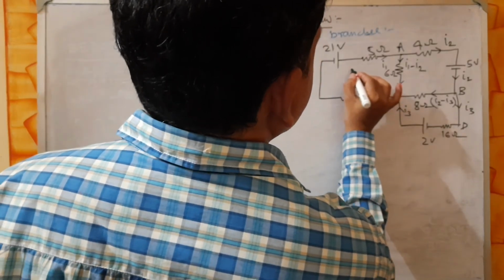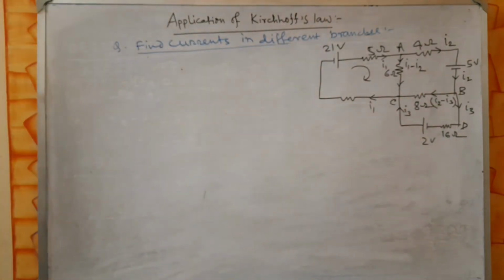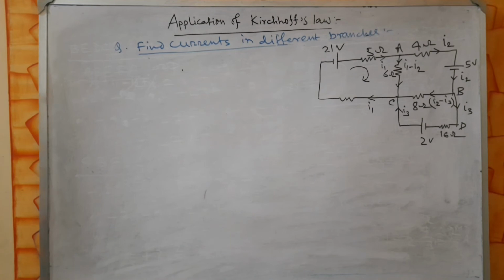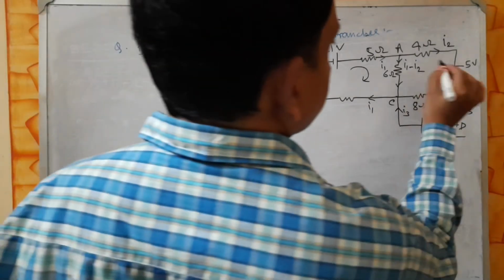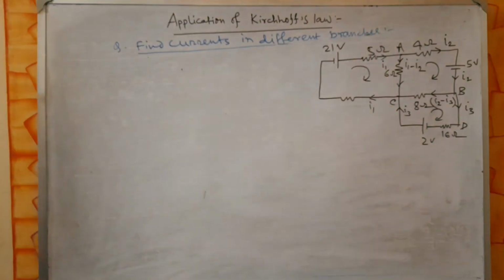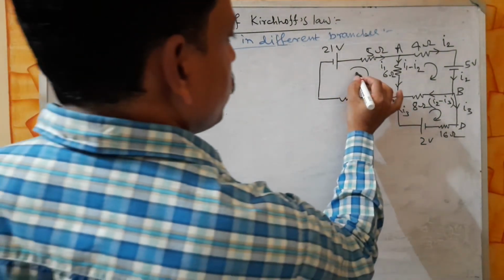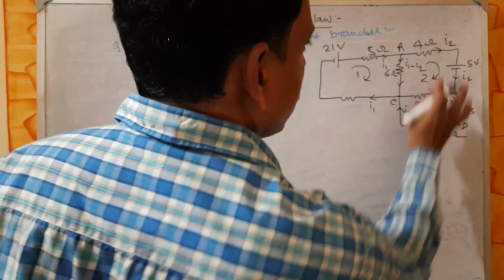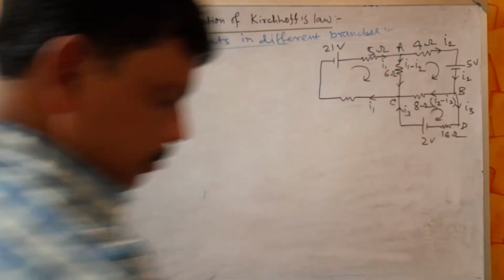The mesh loops are all clockwise: first loop, second loop and third loop.